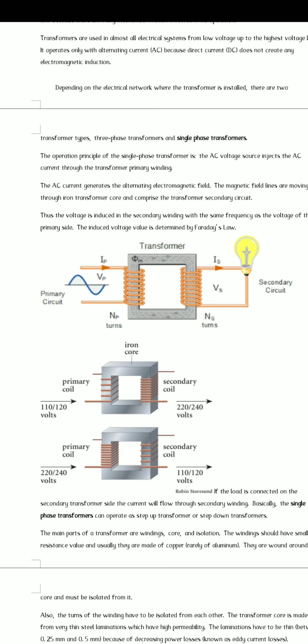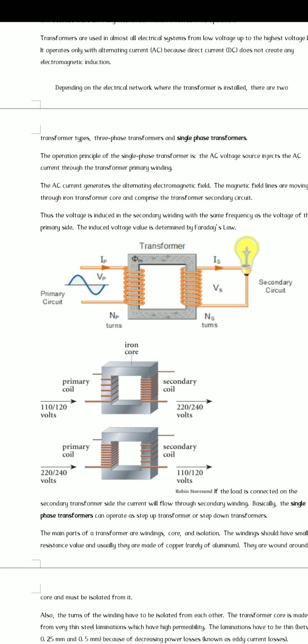Practically, we can't use ideal transformers. We can use either a step up or a step down transformer. Single phase transformers are used in most applications where adjustable voltage is needed.